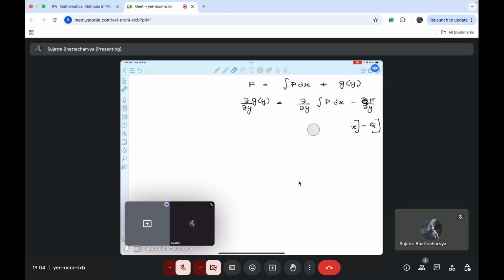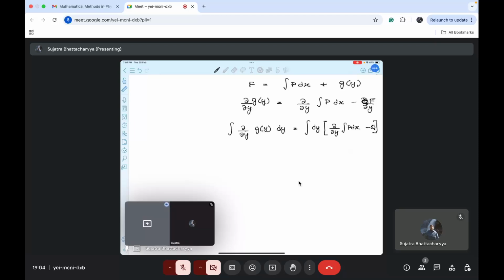Let me write it again so that it will be clear. So what happens is that when you do this and integrate delta by delta y of g of y dy, on the other side you also have dy, delta by delta y of the integral of p dx minus q.